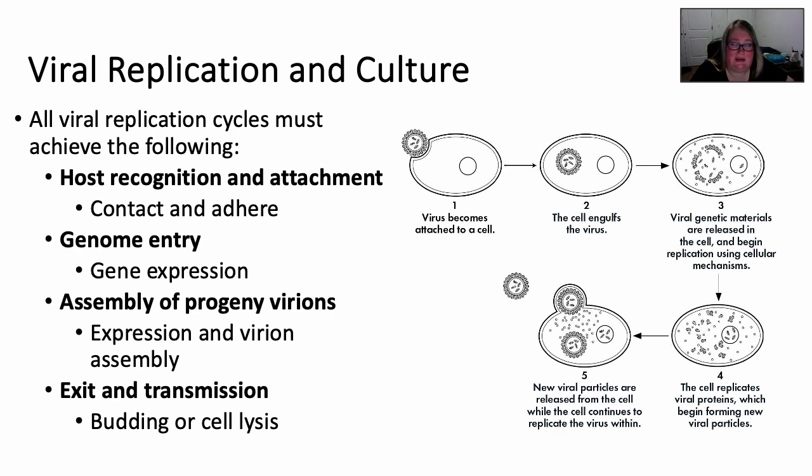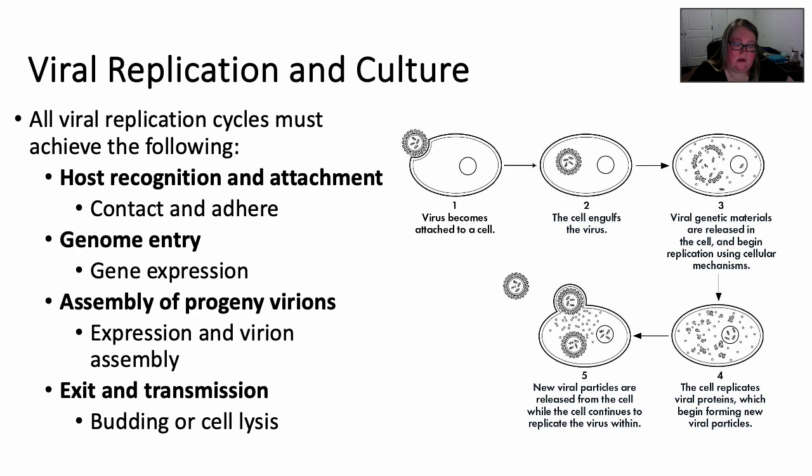So the second step is the actual entry of the virus into the host cell. When they attach to those receptors, it's going to send a signal to the cell that there's something that needs to be brought into the cell. So it's going to engulf it and encapsulate it, usually in a vesicle, and bring it across. Now, different viruses are going to do this in different ways. They're going to need to be able to get out of the vesicle if they came in via a vesicle to get their genetic material into the cytoplasm.